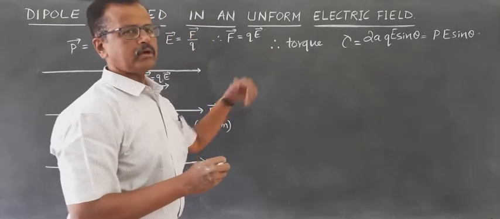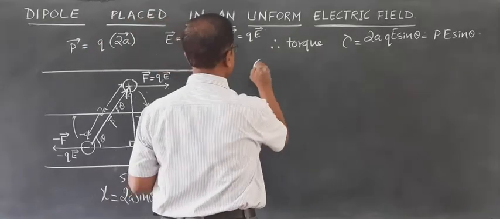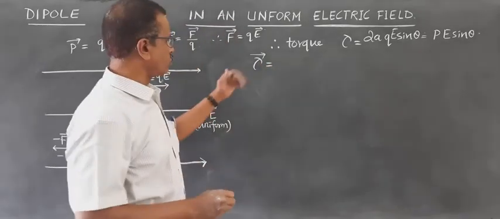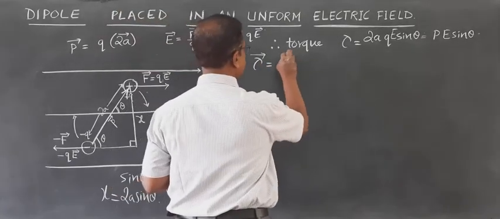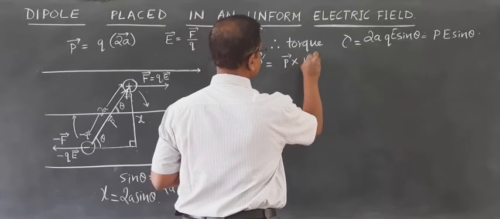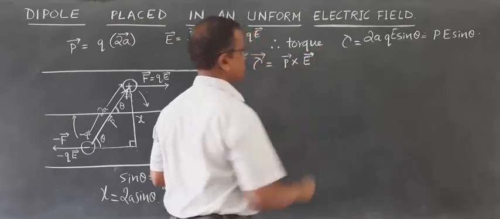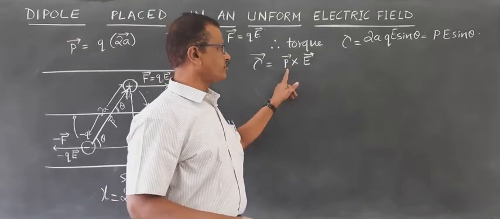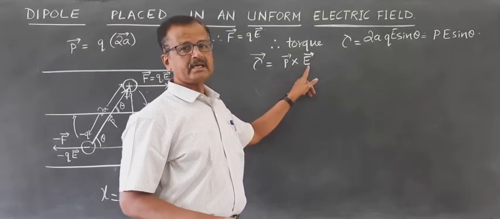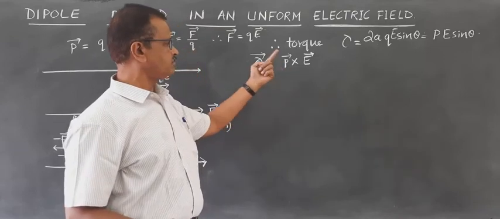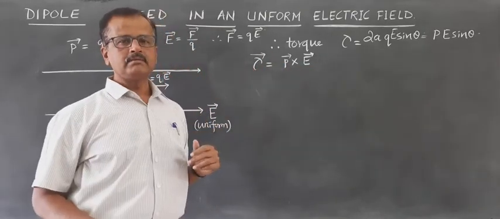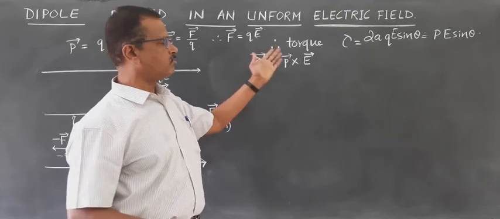Now we know that torque is a vector quantity. Therefore, in vector form, torque tau equal to p cross E. The cross product of two vectors, that is the dipole moment vector and the electric field vector, gives us the torque, that is the moment of couple.